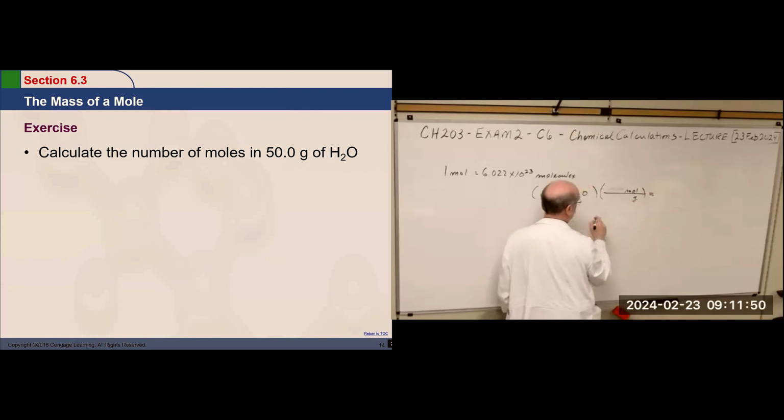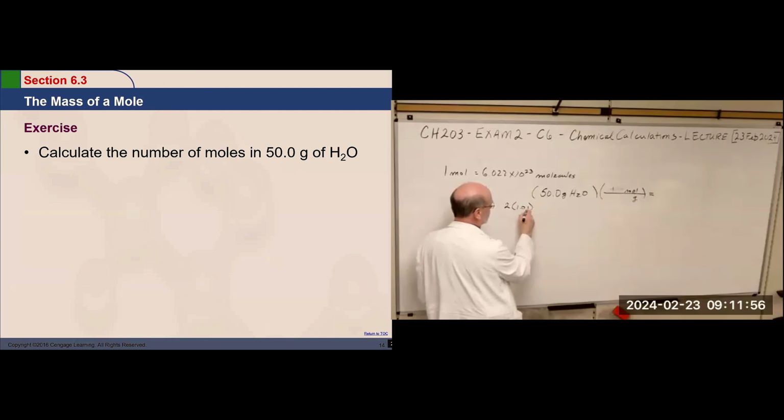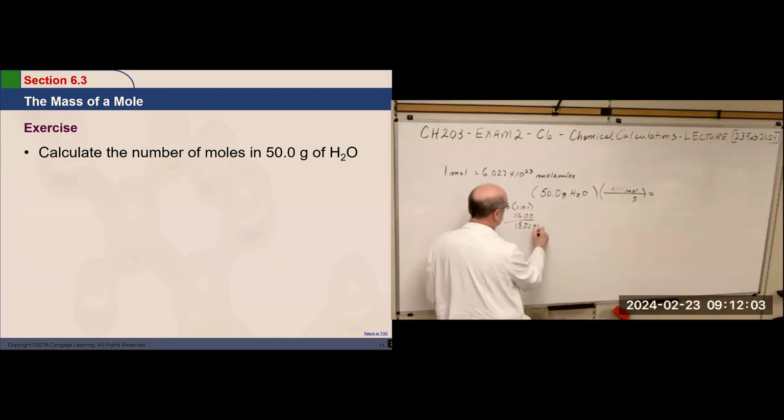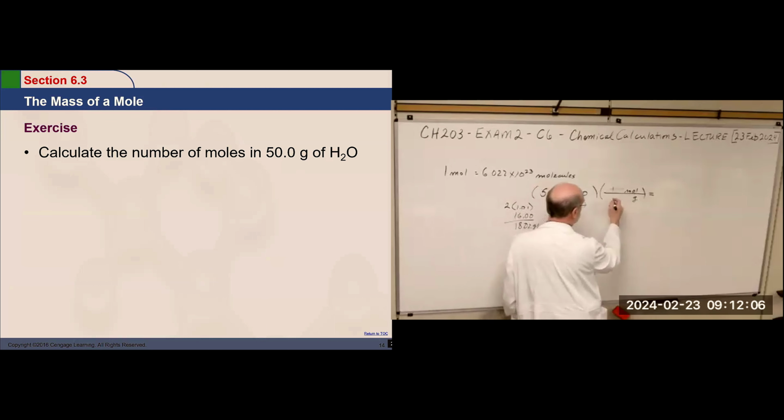Okay, so what's the magic number here? Water, 2 times 1.01 for hydrogens, and then 16 for that 1 oxygen. That's 18.02 grams per mole. Grams are on the bottom though, 18.02 here. So 18.02 divided into 50 would give us 2.78 moles of water. So if we have that many grams of pure water, we have this many moles.